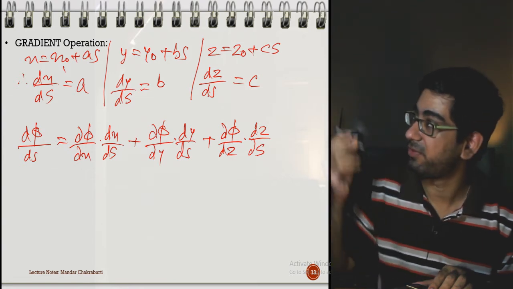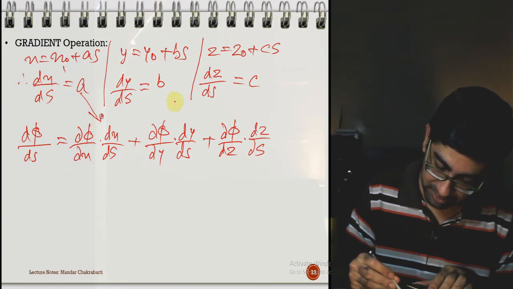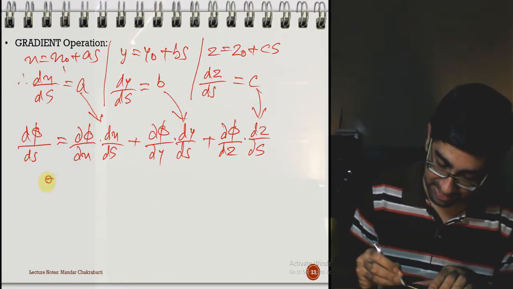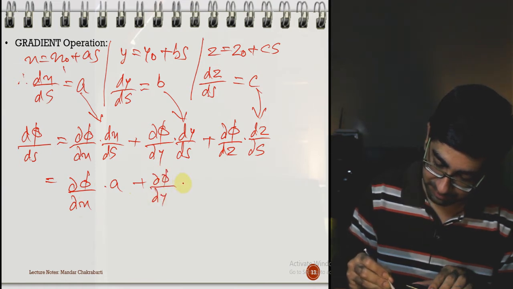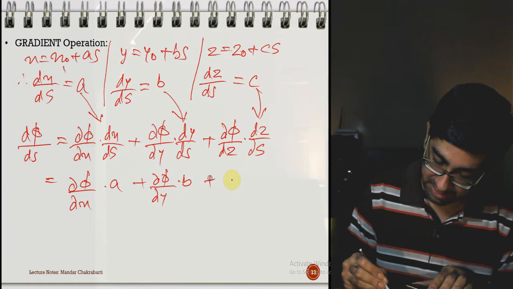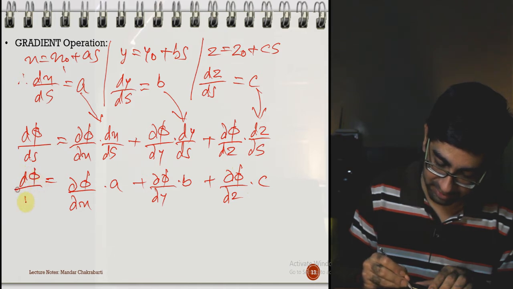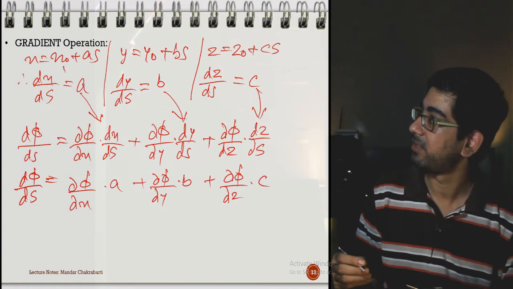Now, if you see the first set of equations, then I can replace this over here, this over here, and this over here, and I get d phi dx a plus d phi dy b plus d phi dz c. This is the result of the differentiation of phi with respect to s.